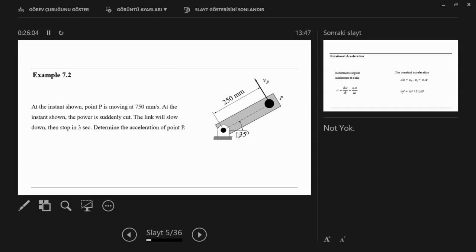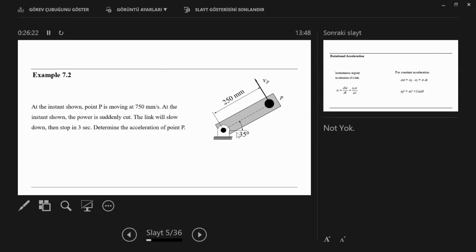The link will slow down, that means the final velocity is equal to 0, and the time interval delta t is equal to 3 seconds.